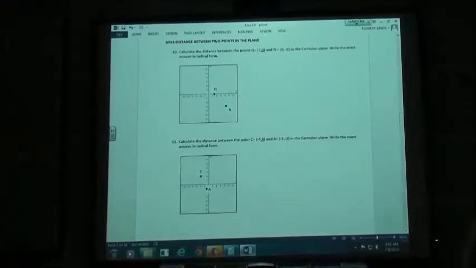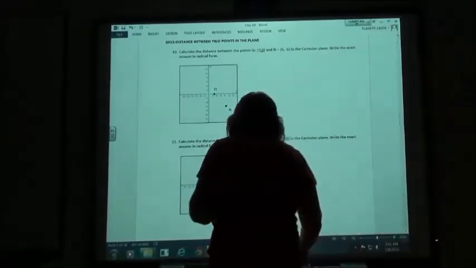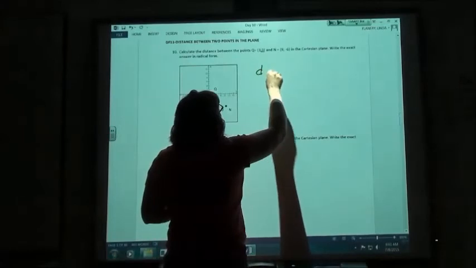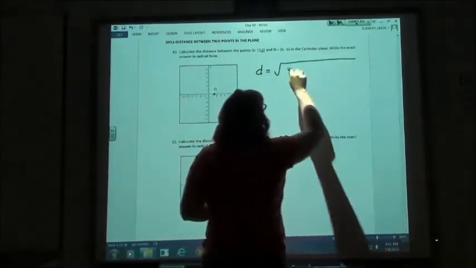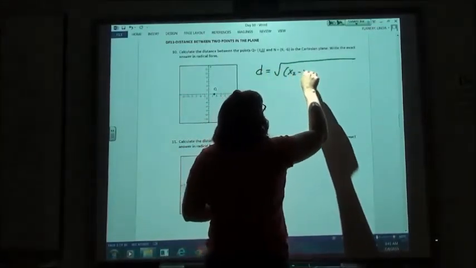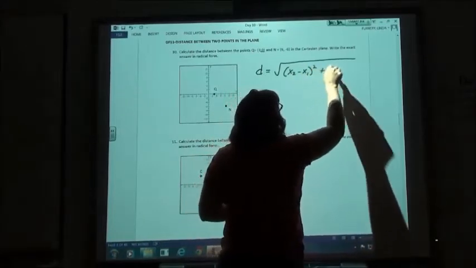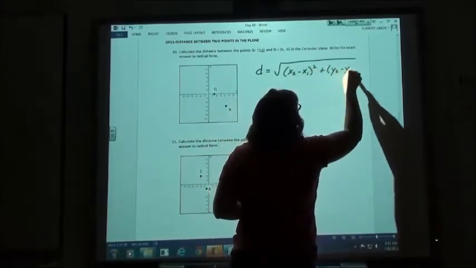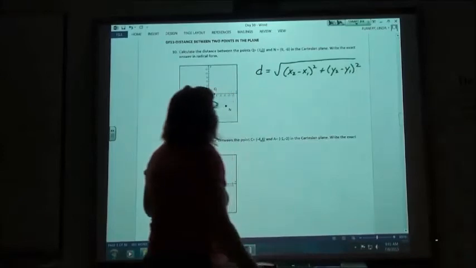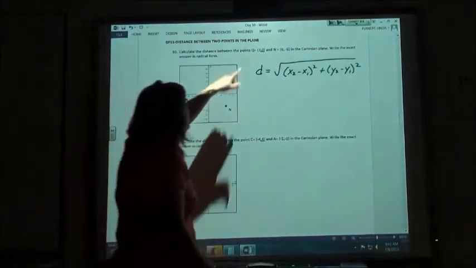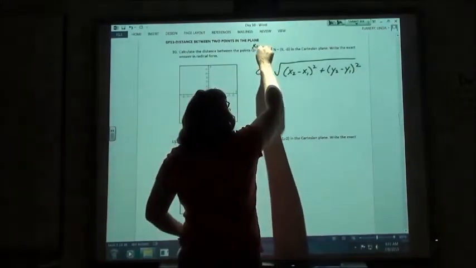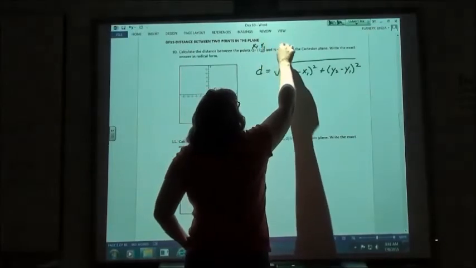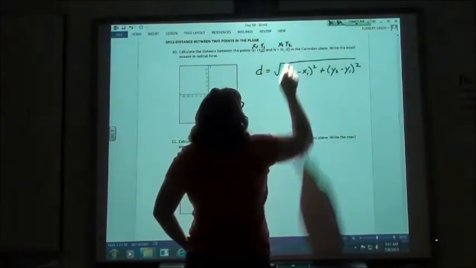The next ones, we're doing the distance formula, the distance between 2 points. The distance formula says that we're going to take the square root of x2 minus x1 squared plus y2 minus y1 squared. And so if I'm finding the distance between my 2 points, again, here's my x1 and my y1, my x2 and my y2.